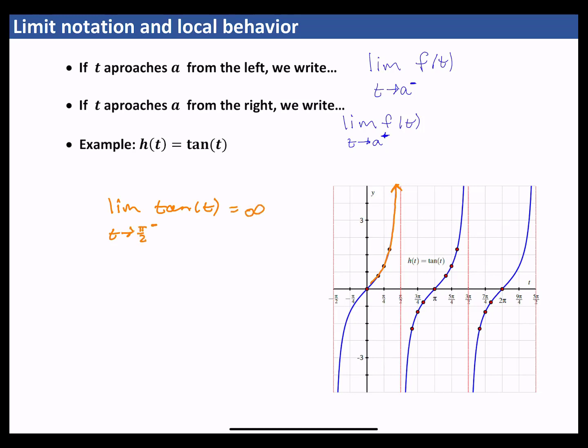Notice that negative in the exponent signifying from the left. And as t approaches pi over 2 from the right, the outputs of the tangent of t decrease without bound, which we can write as the limit of the tangent of t as t approaches pi over 2 from the right equals negative infinity. Notice that plus sign in the exponent signifying t is approaching pi over 2 from the right.